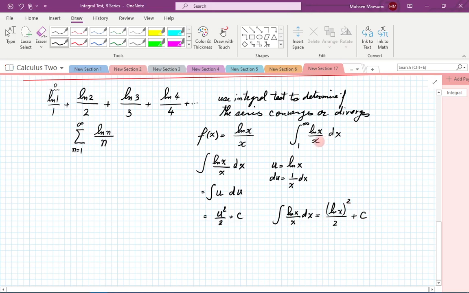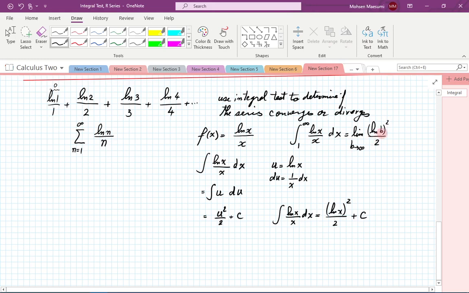Now if I want to calculate the area from 1 to infinity, I have to plug 1 and infinity into this and subtract them from each other. What was our procedure for improper integrals? You say limit of logarithm b squared over 2 as b goes to infinity.